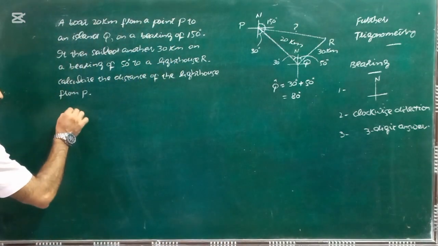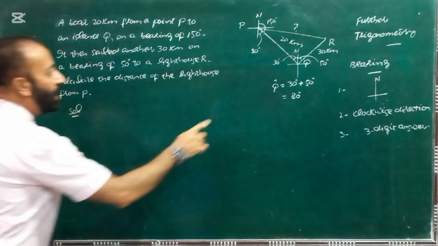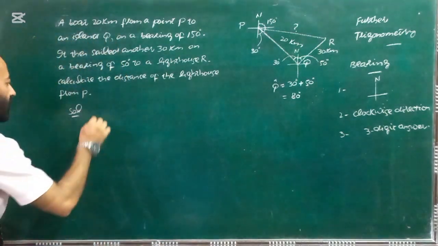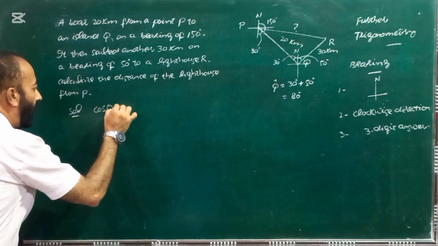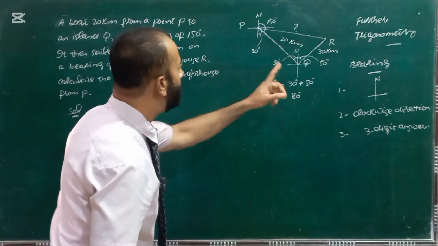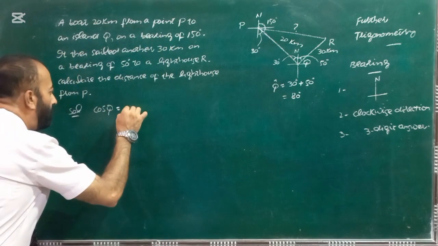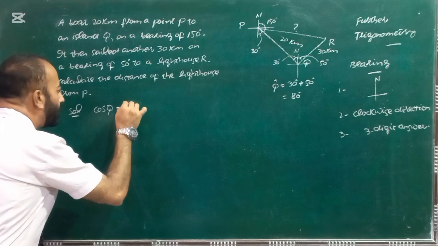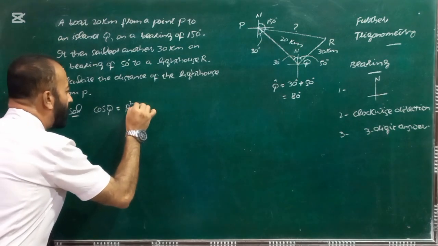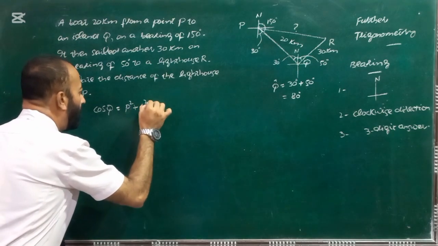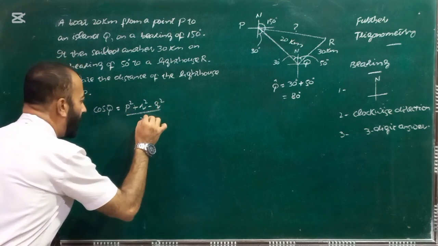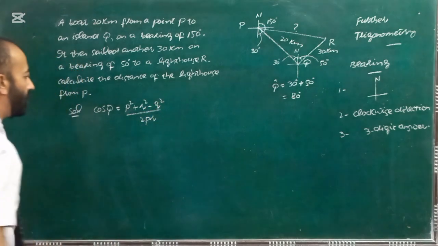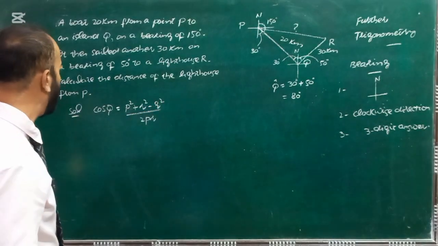So look now, because Q is given, so cos Q, and the triangle is PQR, so that's why P square plus R square minus Q square over 2PR will be the cosine rule used in this triangle.